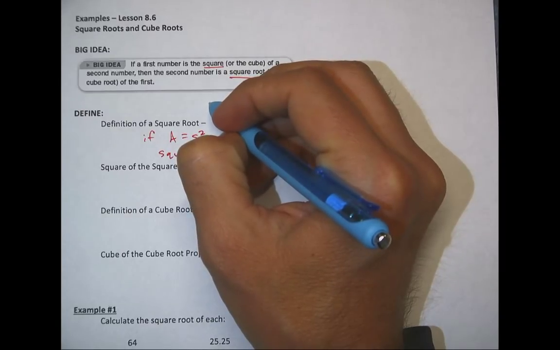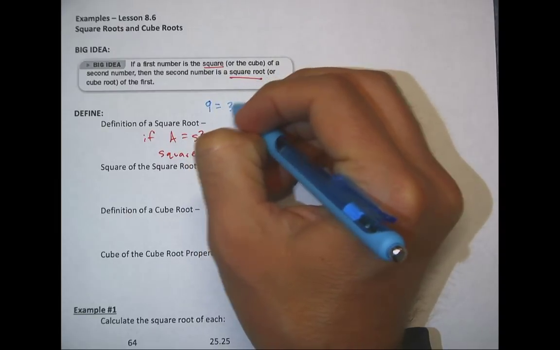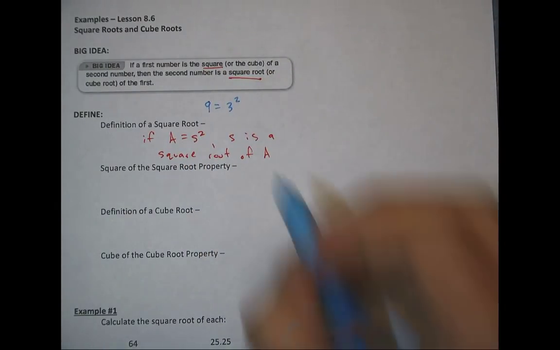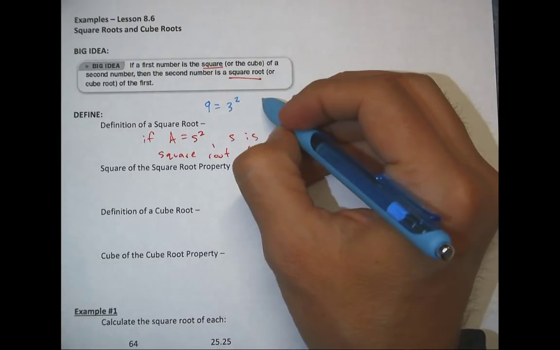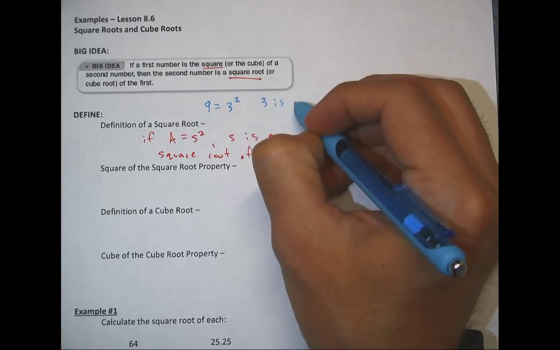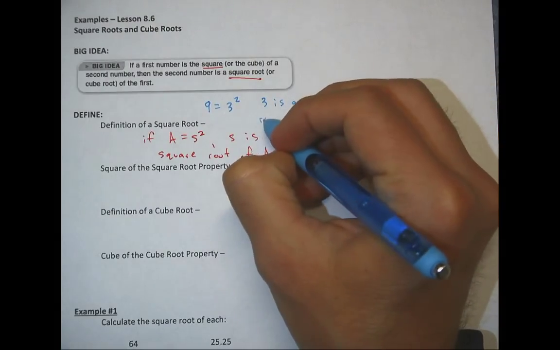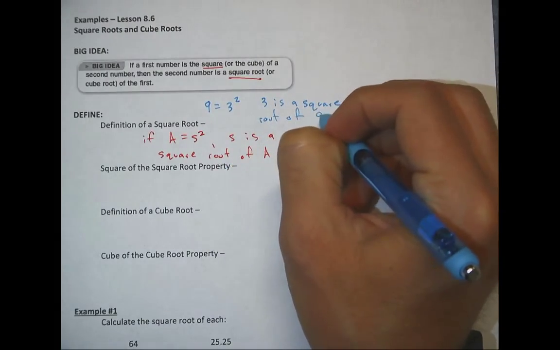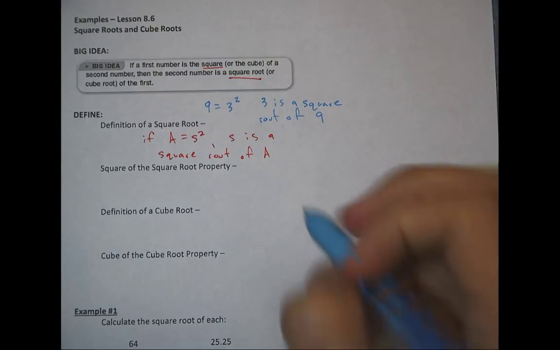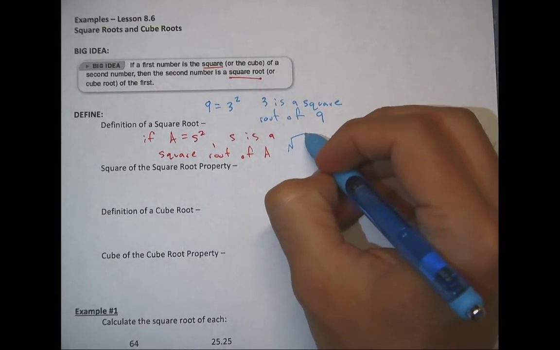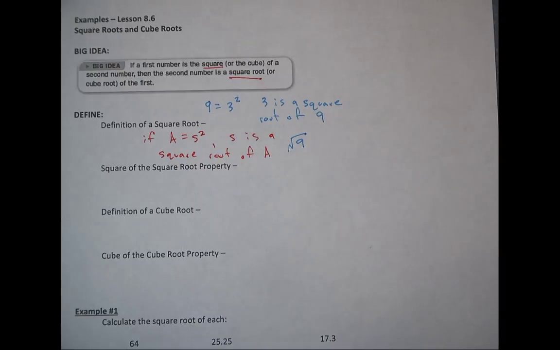Let's take something simple. Let's take 9 equals 3 squared, right? 3 times 3 is 9. So 3 is a square root of 9. And the way that looks is, you square root a number with a little check sign over it.